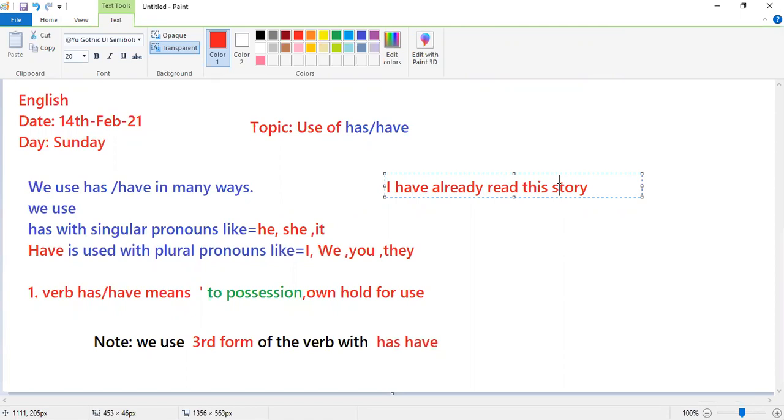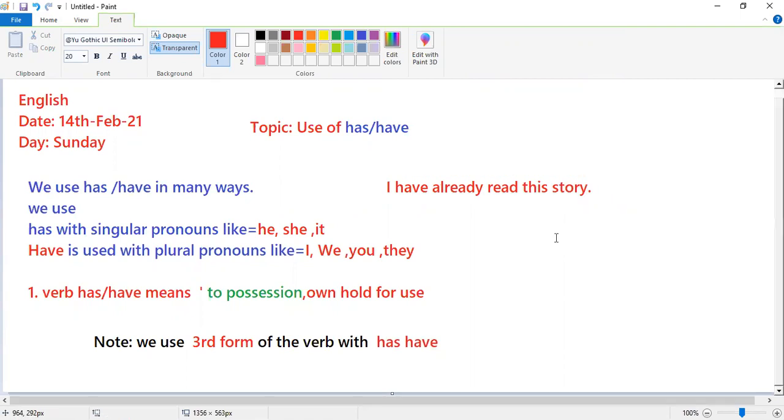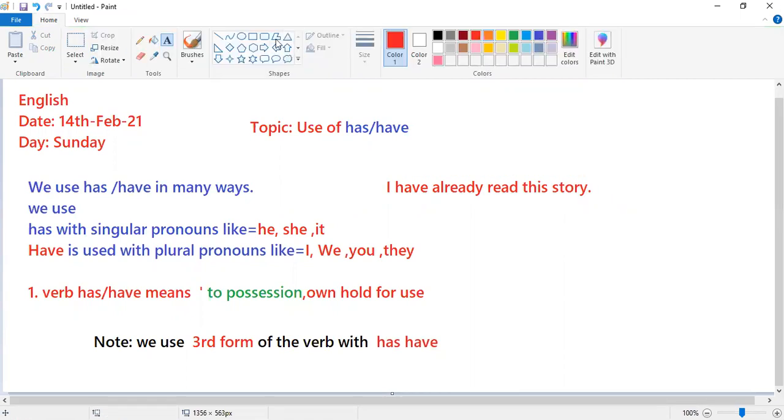How do you know which form of verb this is? What is the verb here? The verb here is read. Which form of verb is this? By looking at have, we will understand quickly that this is the third form of the verb.